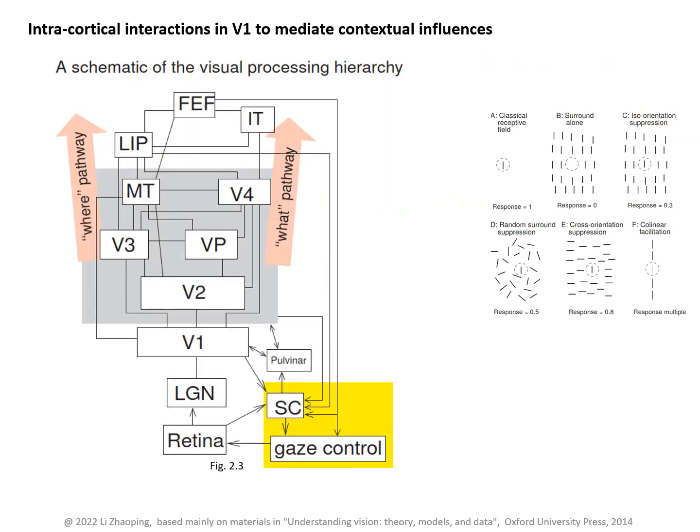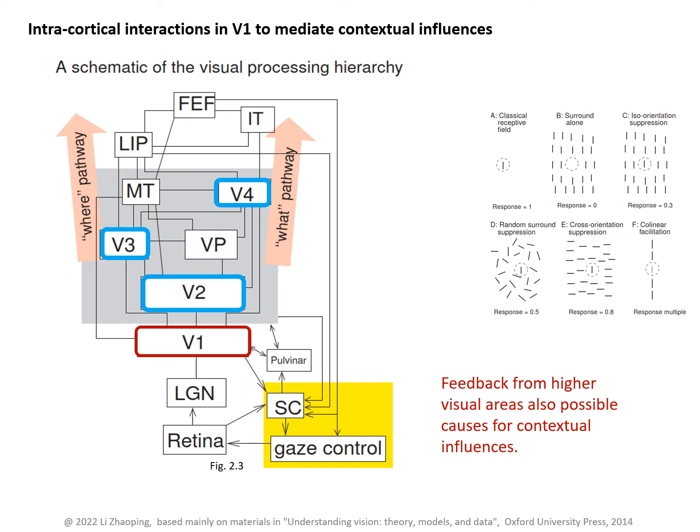V1 also receives feedback from downstream visual areas such as V2, V3, and V4, so feedback from higher visual areas is also argued to cause contextual influences. How much mechanisms from within V1 or beyond V1 contribute to the contextual influences is still being studied.